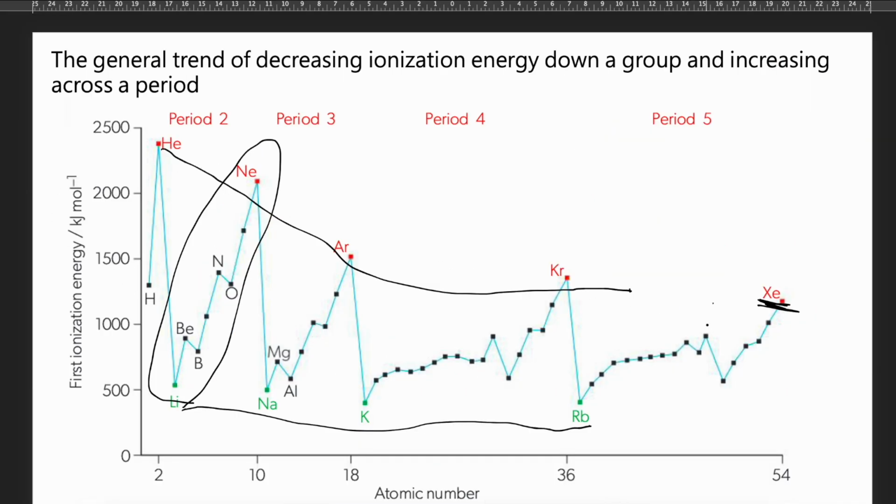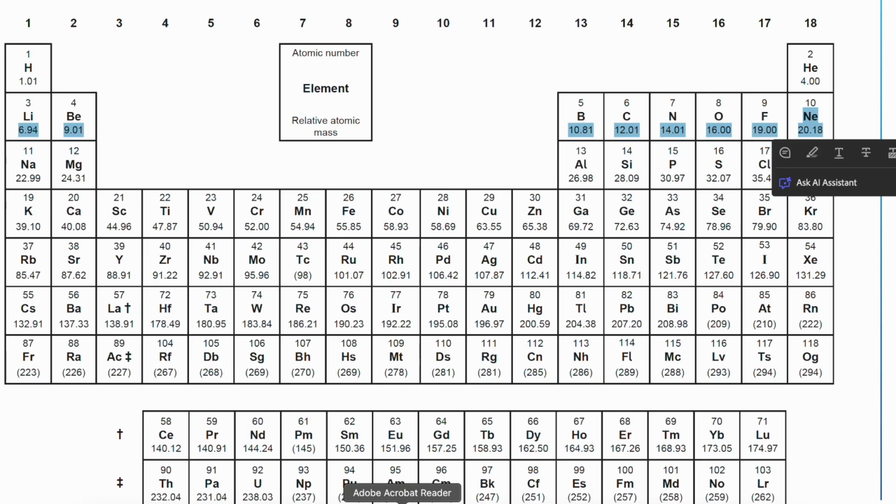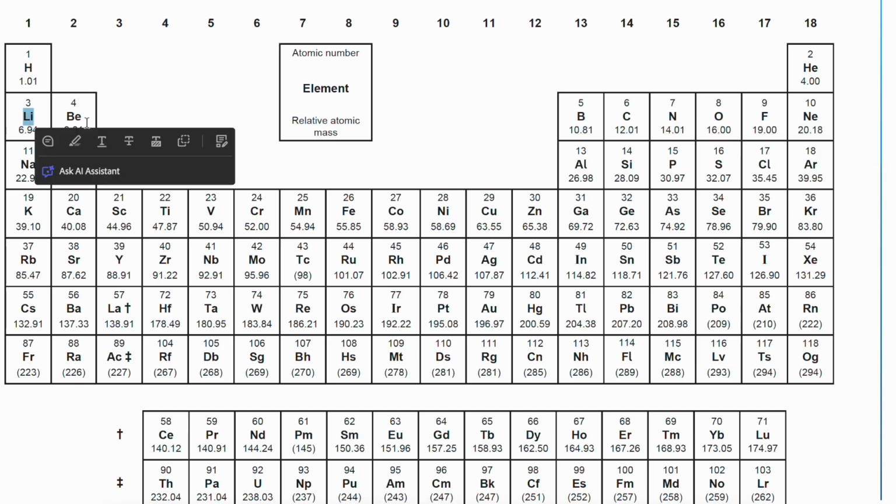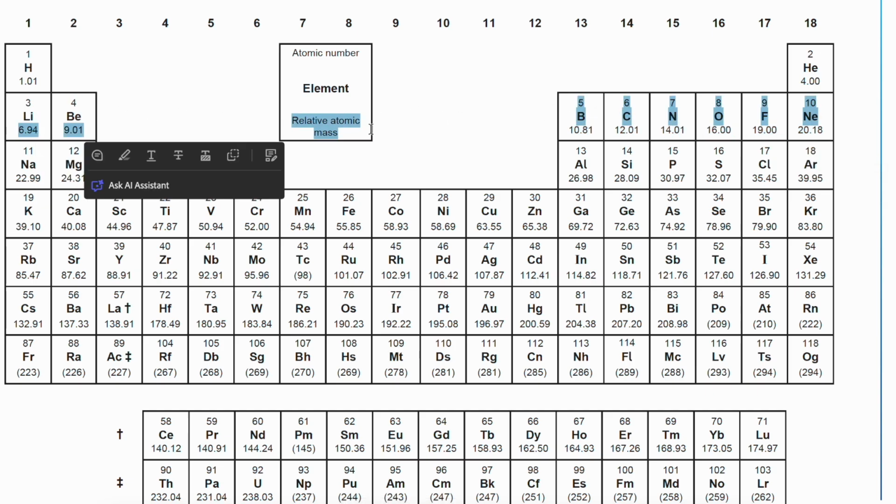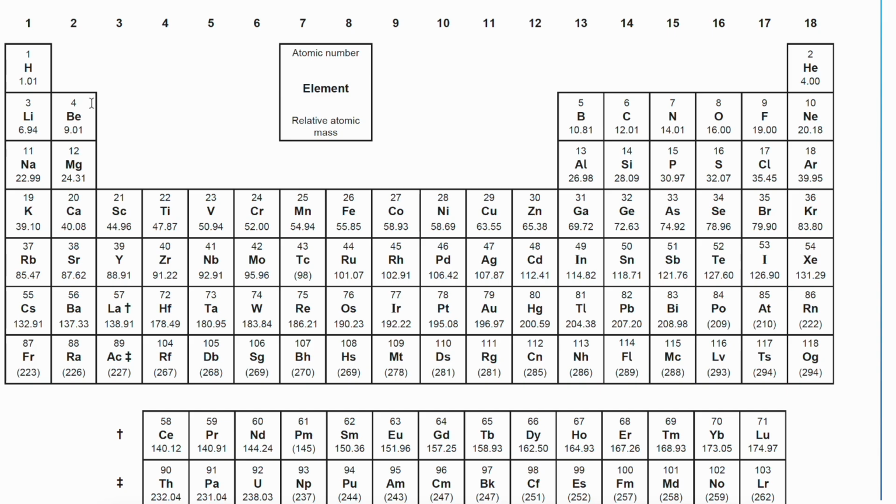Down a group decreases, across a period increases, because when you move across a period, the charges increase, so +1, +2. So the attraction between the nucleus and the electrons becomes stronger because the atomic radius decreases. We will talk about this relationship between atomic radius and ionization energy in the next videos.